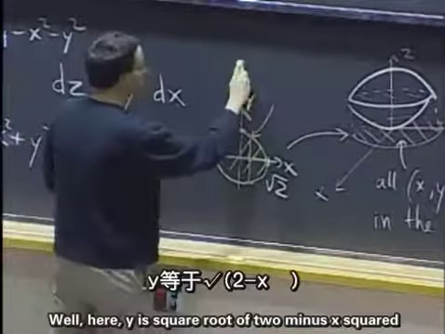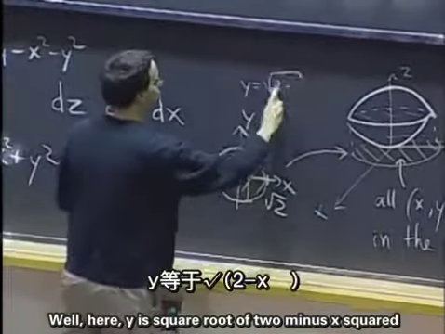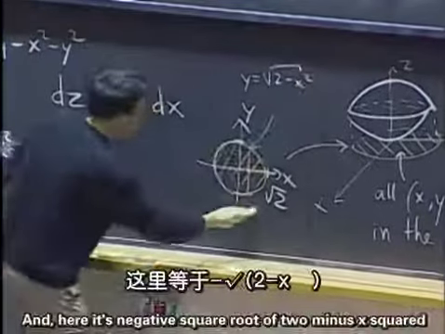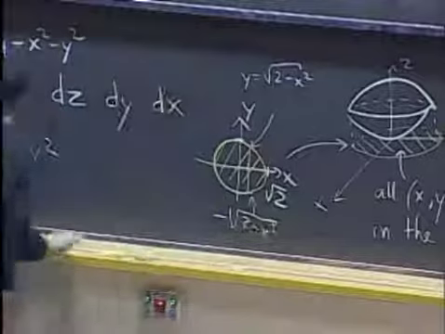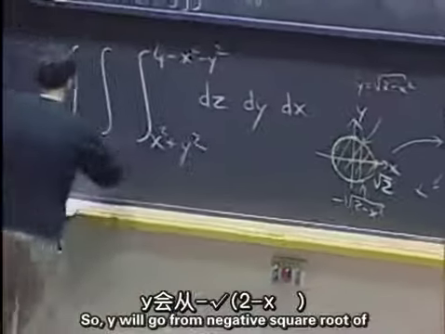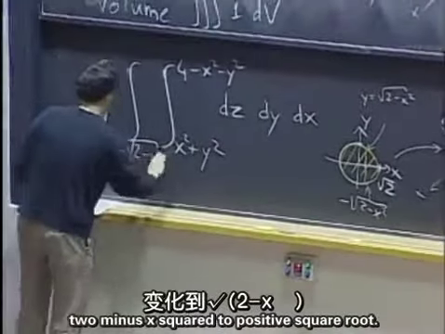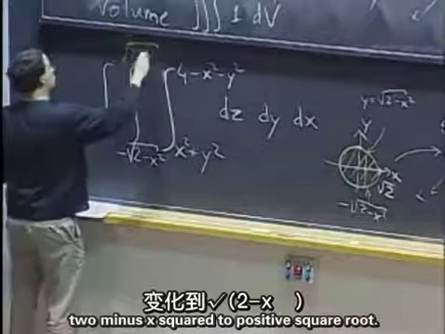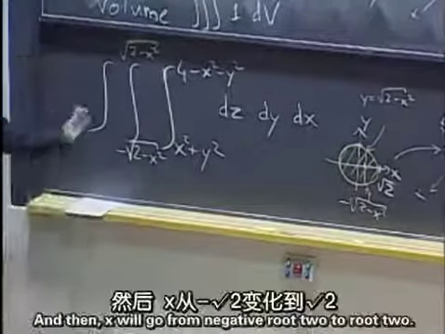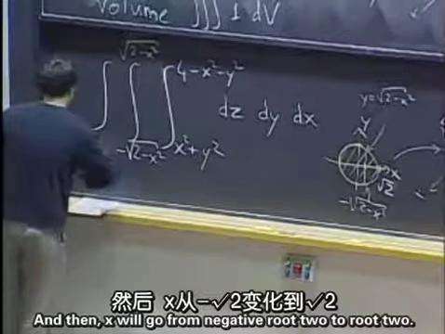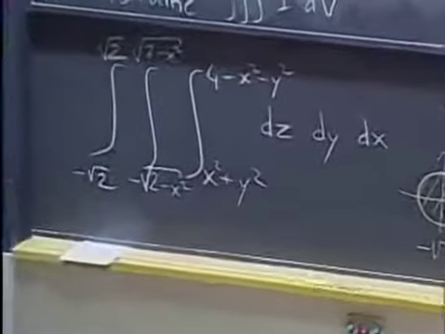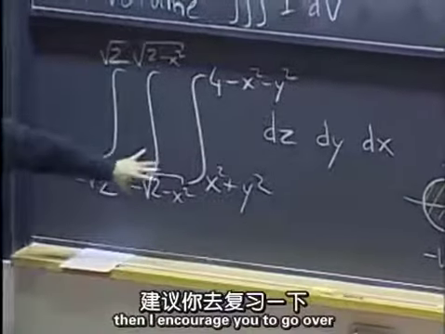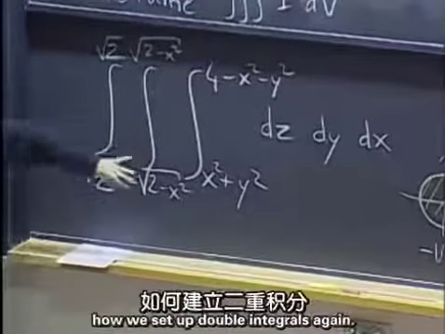Here, y is square root of 2 minus x squared, and here it's negative square root of 2 minus x squared. So y will go from negative square root of 2 minus x squared to positive square root. And then x will go from negative root 2 to root 2. If that's not completely clear to you, then I encourage you to go over how we set up double integrals again.